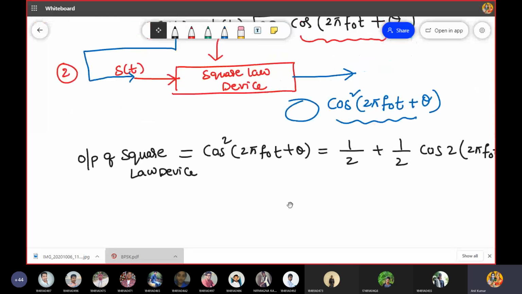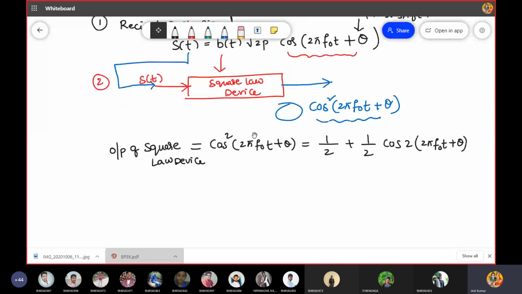Now I will explain. The third point is that the output of the square law device is given to the next block, the band pass filter.